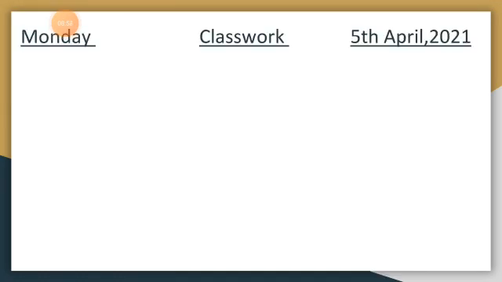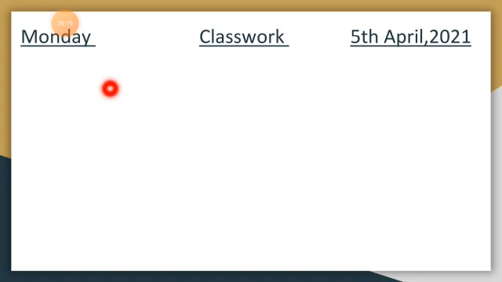Now put the date and day on page number 38 of your challenge book. The page number is 38 of your challenge book. At the top of your page, you are going to put the day, that is Monday. In the center, write the spelling of classwork and put the date, that is 5th April 2021.